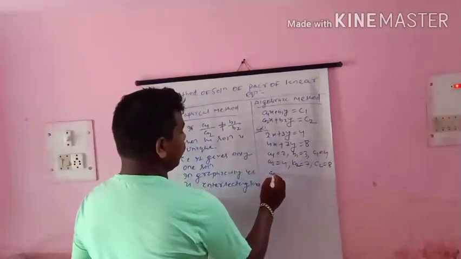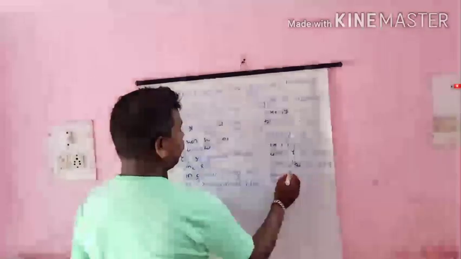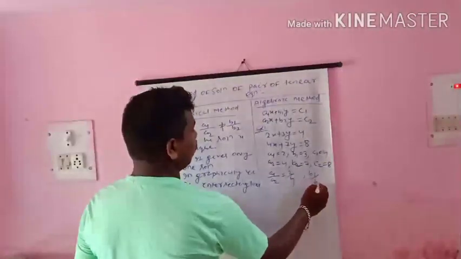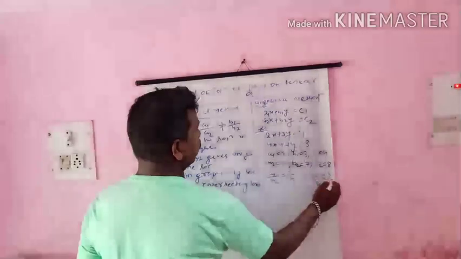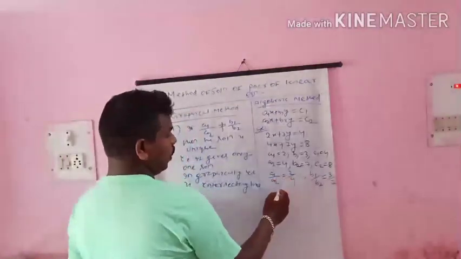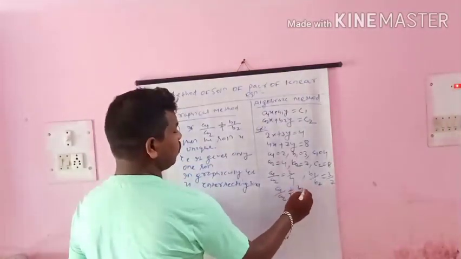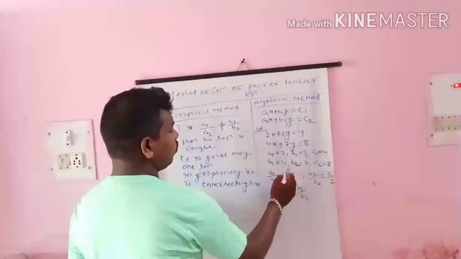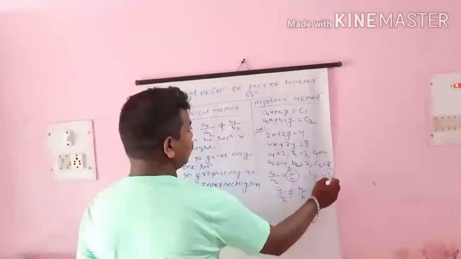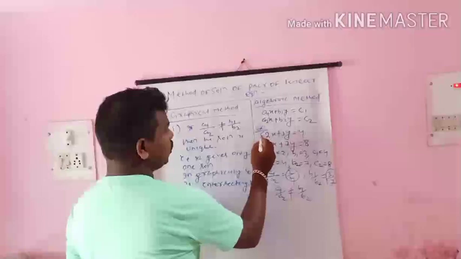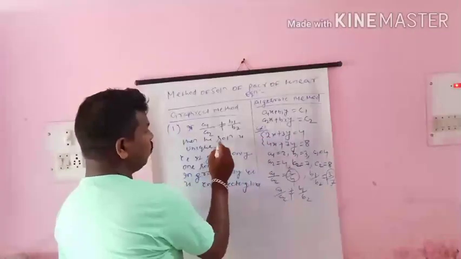So a1 by a2 equal to 2 by 4, b1 by b2 equal to 3 by 7. Since 2 by 4 is not equal to 3 by 7, a1 by a2 is not equal to b1 by b2. That means these two equations give a unique solution.